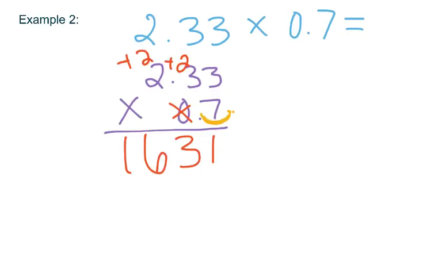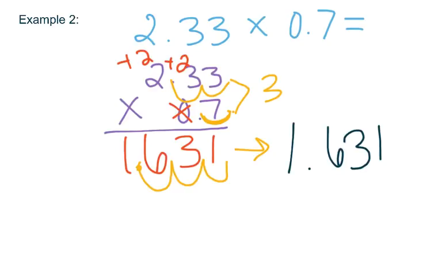So we have 1 decimal place here, and then we have 1, 2 here, giving me a total of 3 decimal places behind total. So I'm going to move my decimal point in 3 spaces in my final answer. So my final answer would then be equal to 1.631.